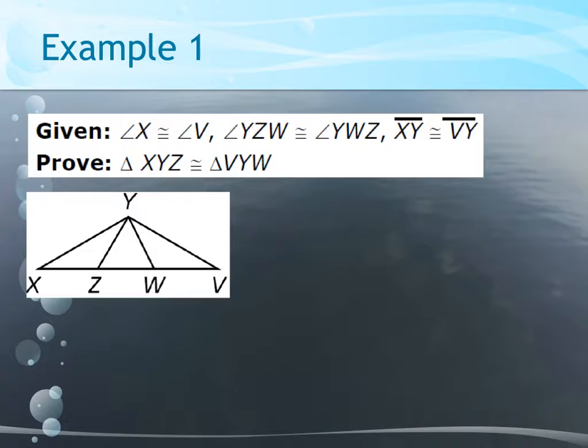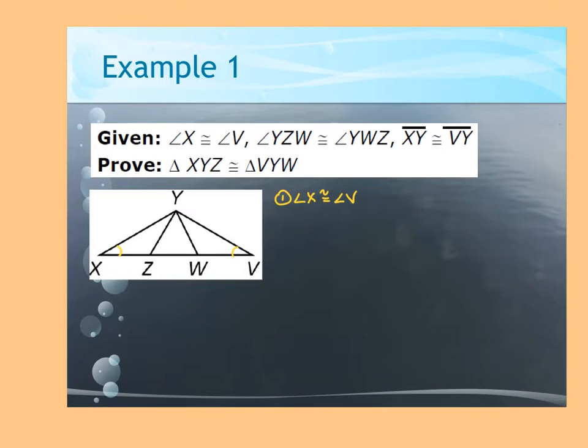Okay, so this one says, given that angle X is congruent to angle V, angle XYZ, or XYW, sorry, is congruent to, I knew there's one wrong on here.